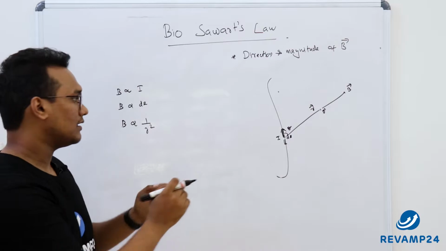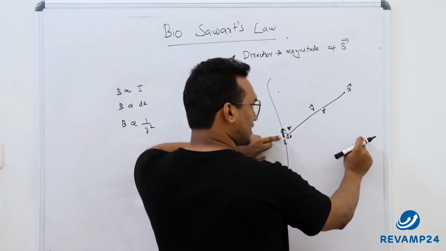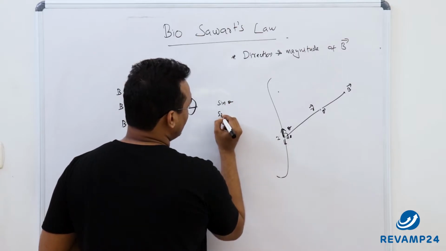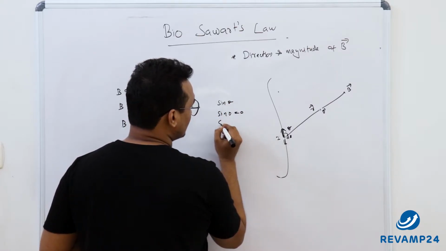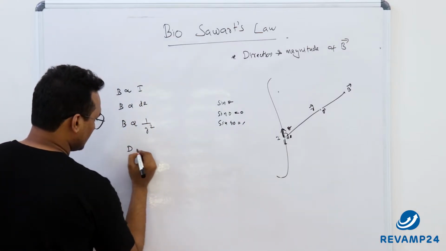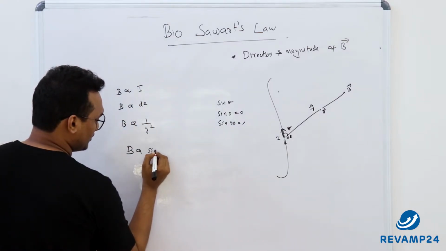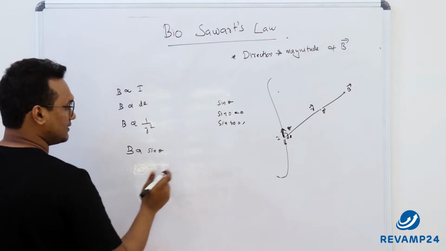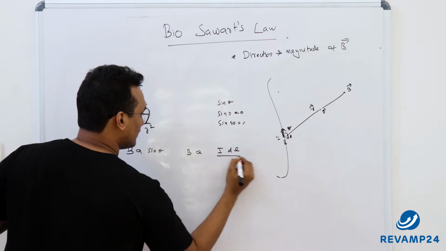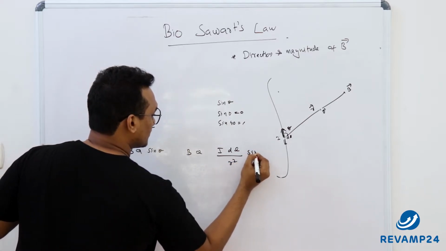Which is that function? At 90 it is maximum, at 0 it is minimum: sin theta. Sin 0 is equal to 0, sin 90 is equal to 1. So dB is directly proportional to sin theta. Bringing all these things into one equation, dB is directly proportional to I dl divided by r square into sin theta.